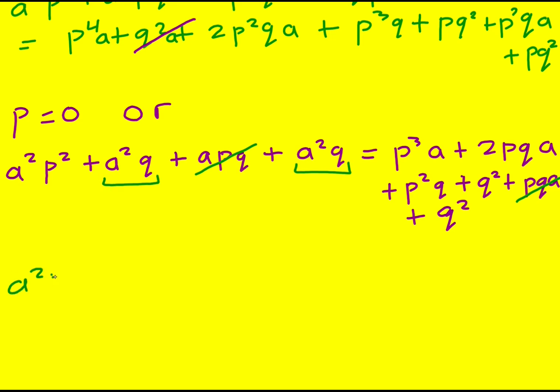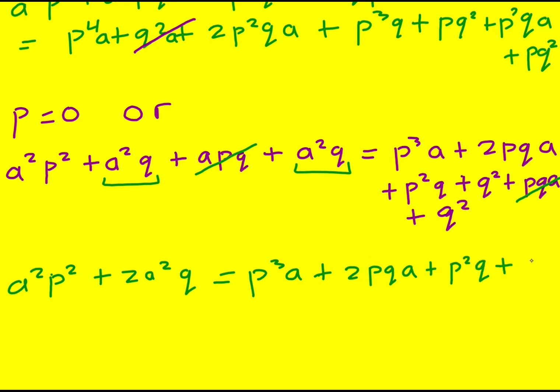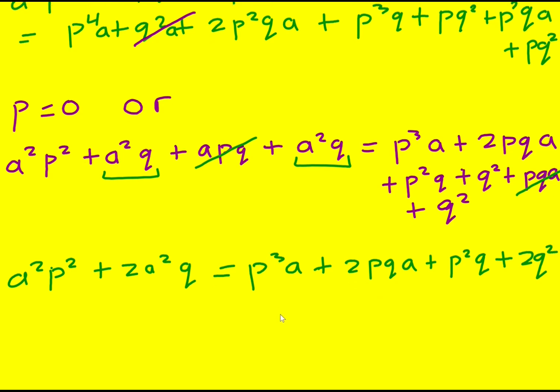So A squared P squared plus 2 A squared Q. Can I combine any? Yes, there's some that I can combine. P to the 3A. Okay, and we've ended up with 6 terms.